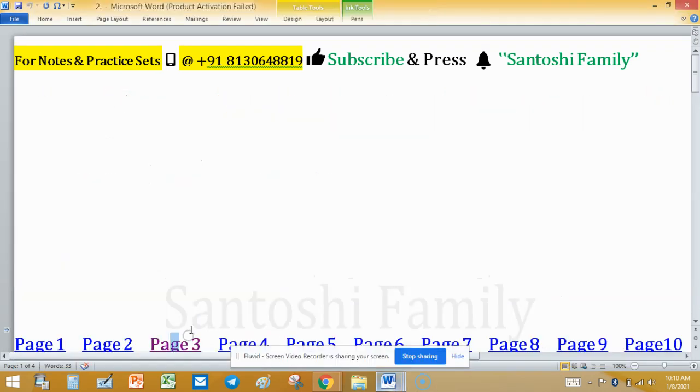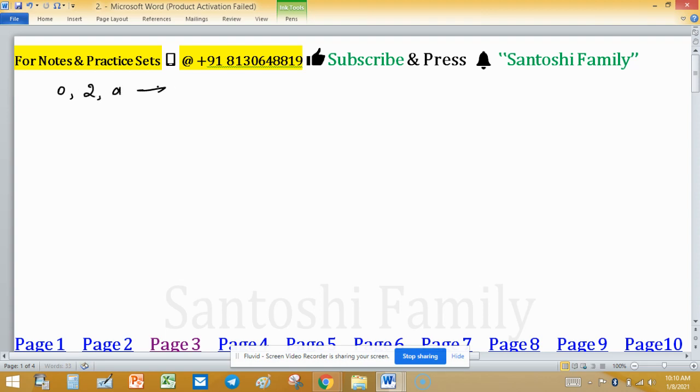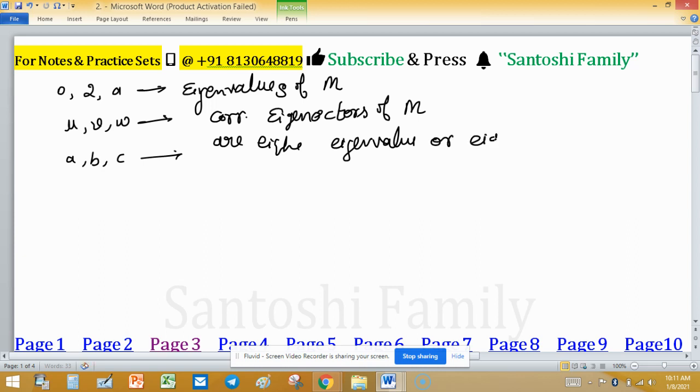What is given to us and what we need to find? It is given that 0, 2, and a are eigenvalues of M. Also, u, v, and w are the respective eigenvectors of M. And a, b, c are either eigenvalues or eigenvector constituents.